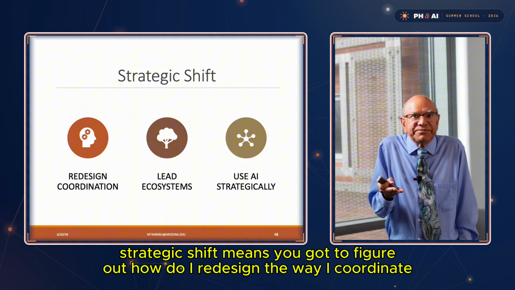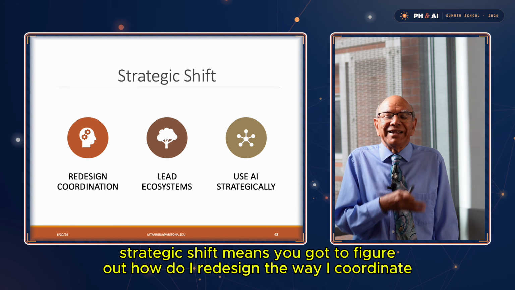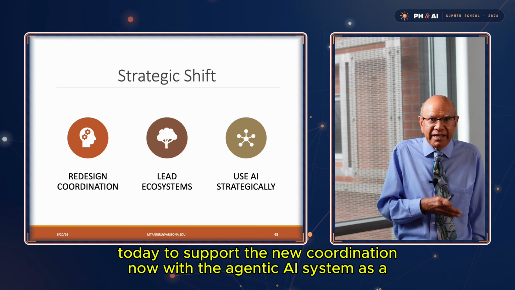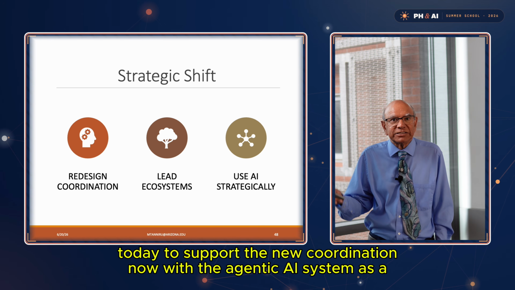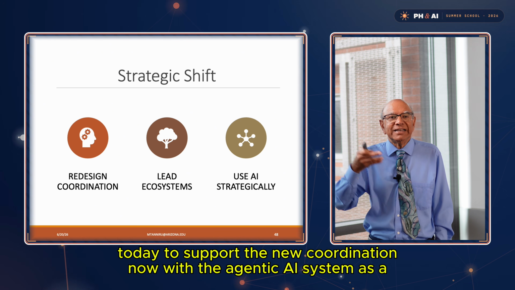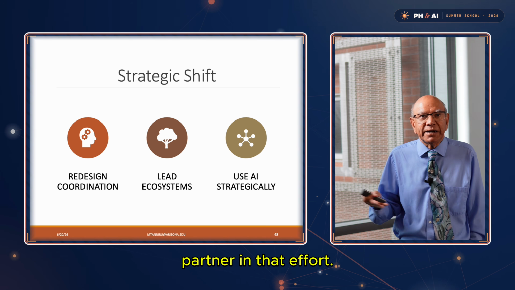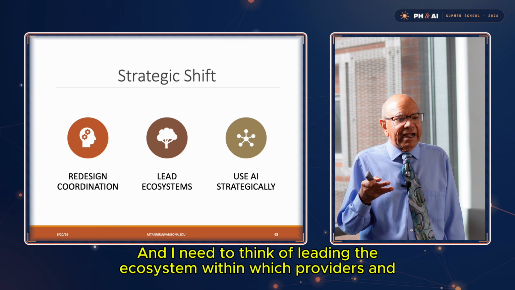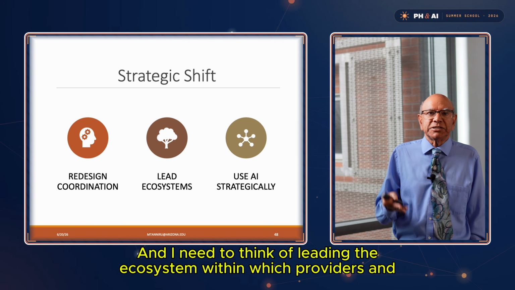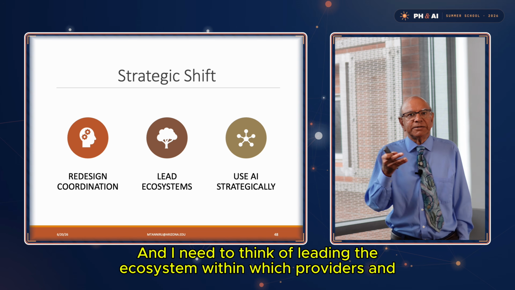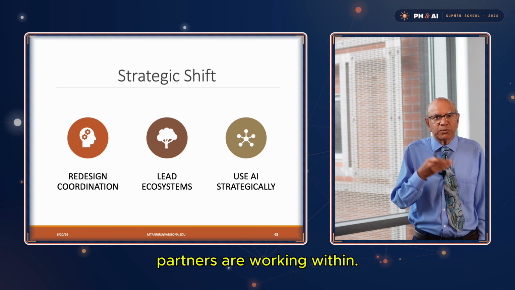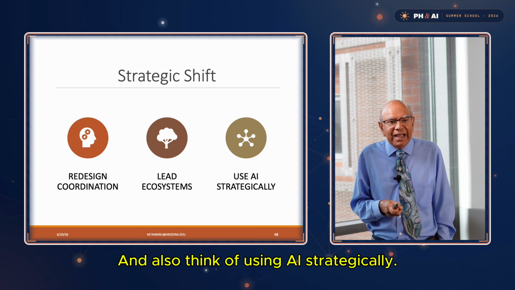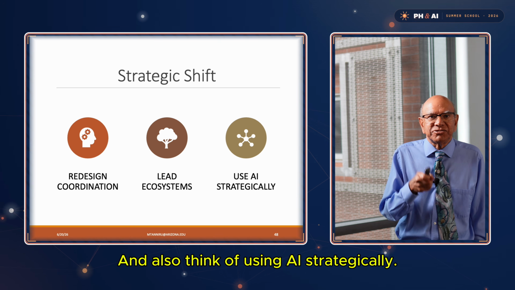And the strategic shift means you have to figure out how to redesign the way you coordinate today to support the new coordination, now with an agentic AI system as a partner in that effort. And I need to think of leading the ecosystem within which providers and patients and partners are working. And also think of using AI strategically.